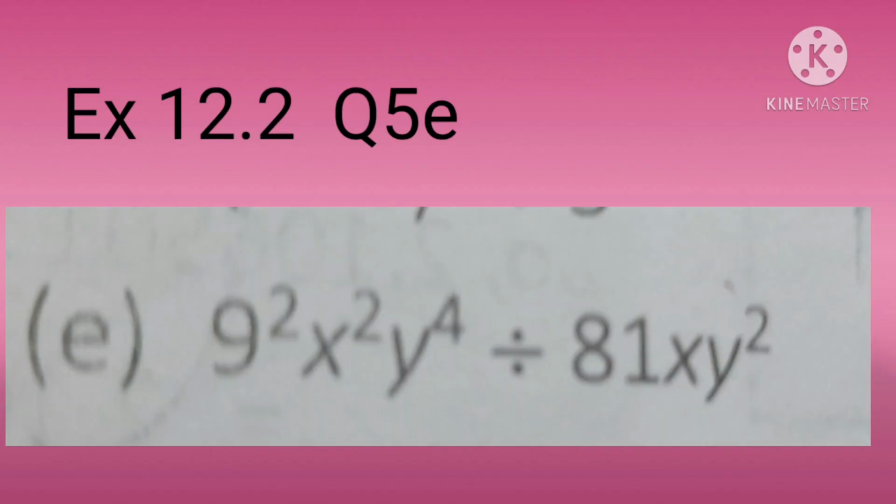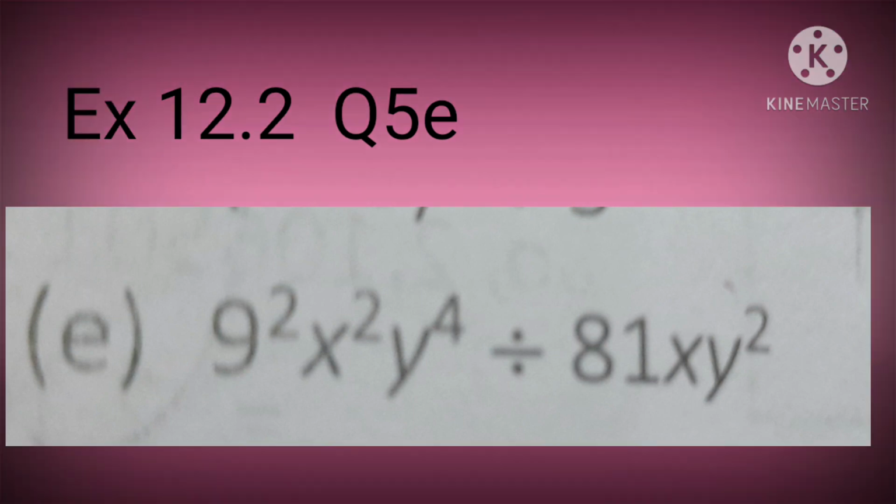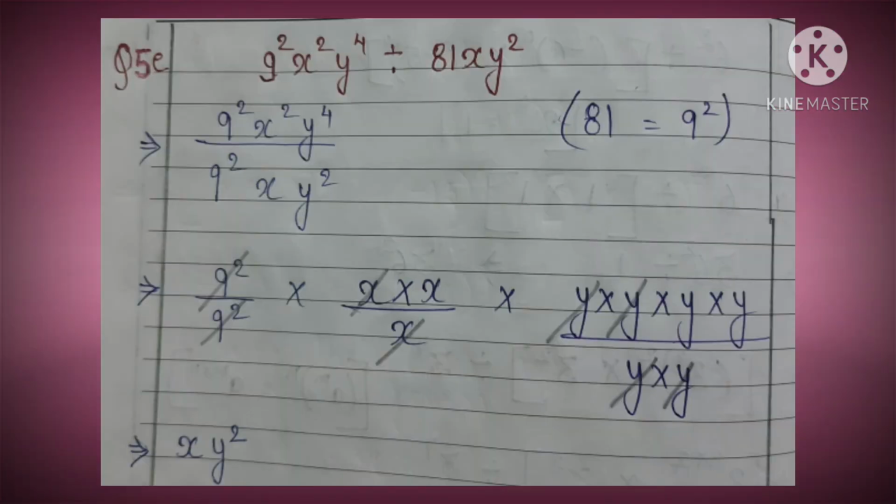Now let us check question 5e, which is 9^2 x^2 y^4 divided by 81 x y^2. To solve this, first we will reduce the number 81 with the base of 9. So 81 is equal to 9 into 9, or 9^2.